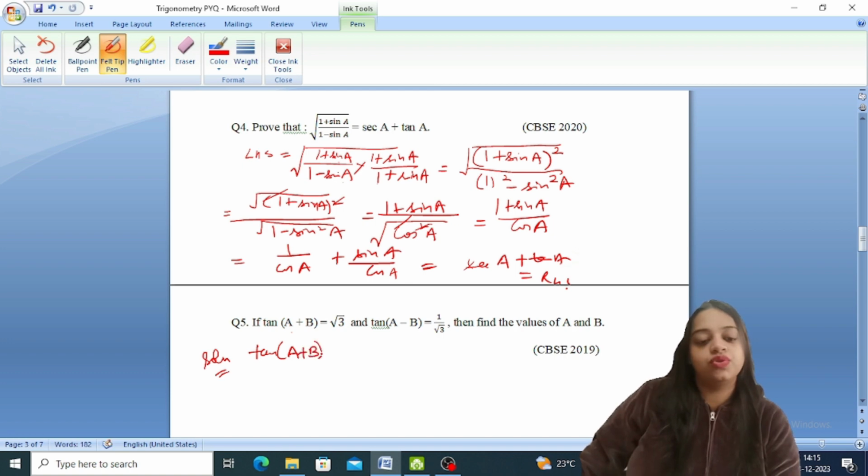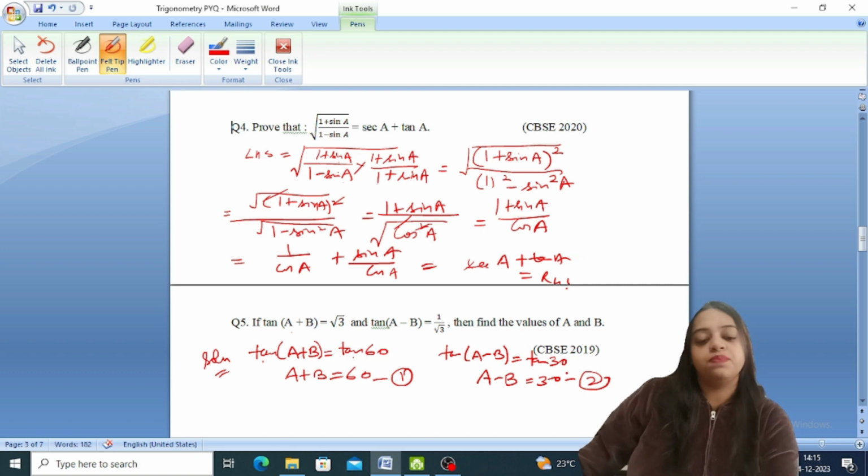So this root 3 can be written as tan 60. Now this tan cancels with this tan, means a plus b is what? 60 degree. Same way, tan of a minus b is 1 by root 3, which is the value of tan when it is 30 degree. So this gives a minus b as 30. You call this equation number 1 and call this equation number 2.